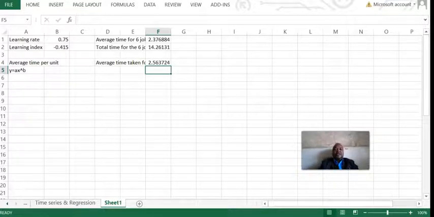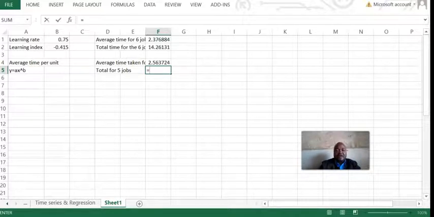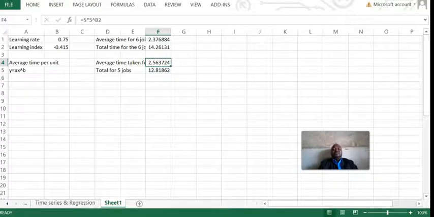So the total for 5 jobs is going to be equal sign, this figure multiplied by 5. That's that much.